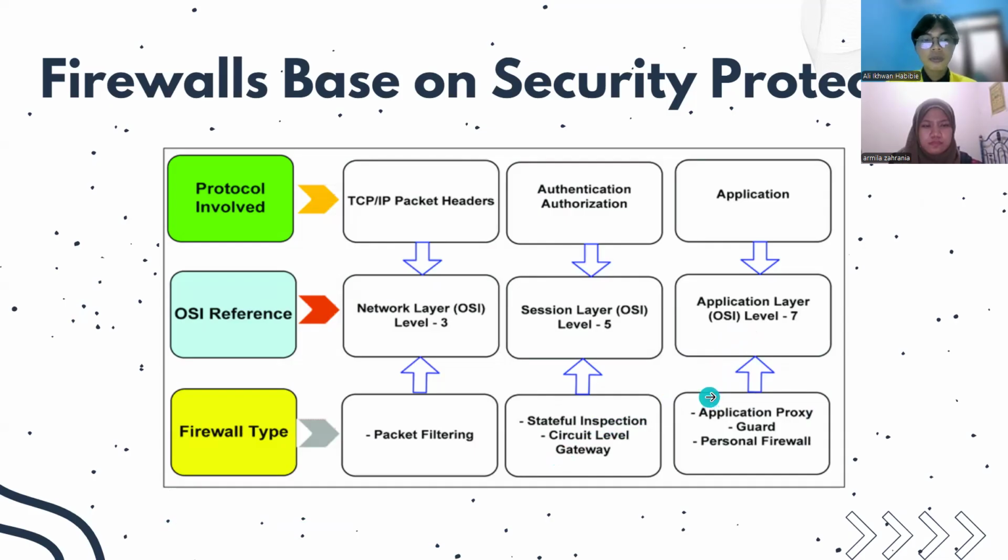This diagram emphasizes how different firewall types operate at various OSI layers to enhance network security. Understanding the relationships helps in selecting the right firewall for different security needs.